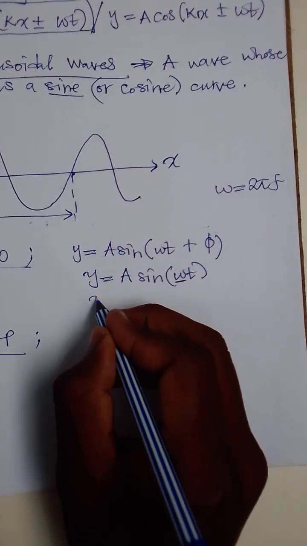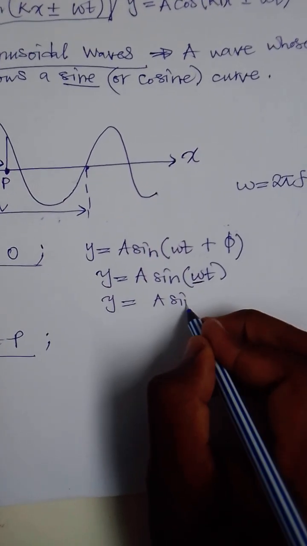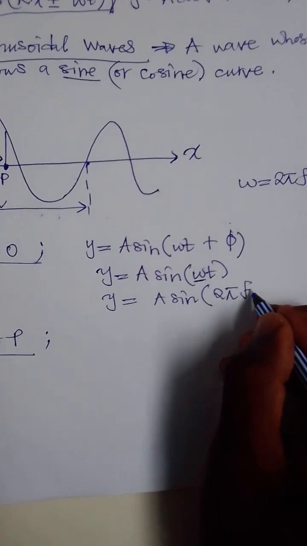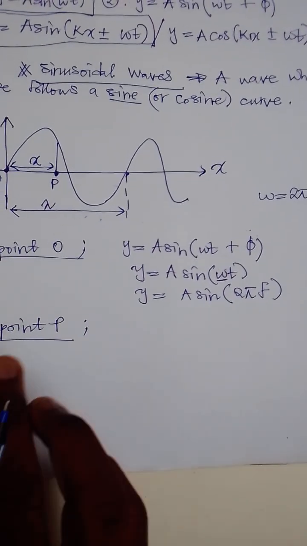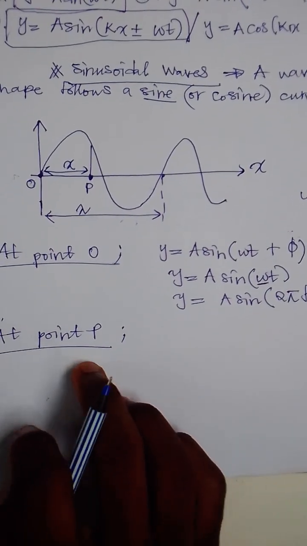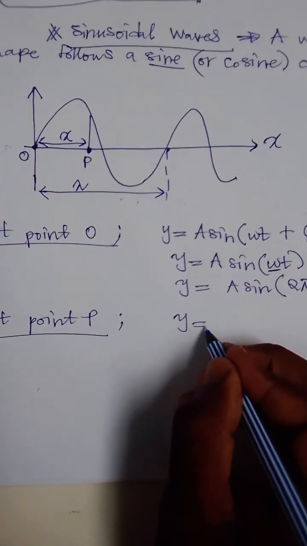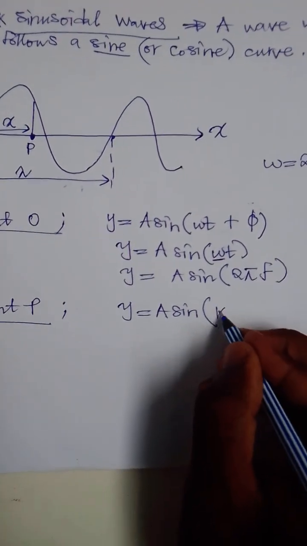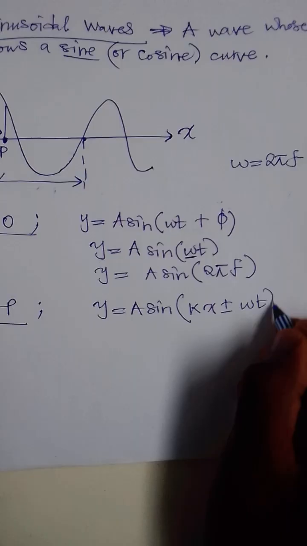So your equation can be like this: a sine 2 pi f t. Now let me show you how we derive the one for point P. Of course, the formula is like this: a sine kx plus or minus wt.